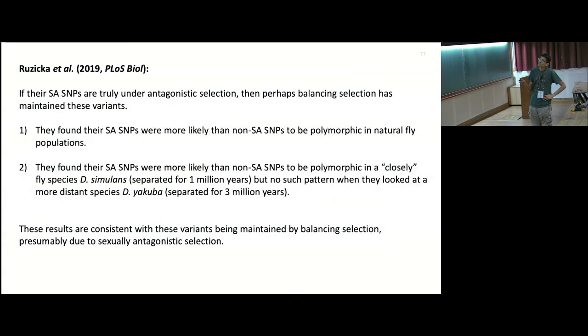So they looked at their sexually antagonistic SNPs, and essentially their idea was, hey, if these things are under balancing selection, because of sexual antagonism, then that polymorphism should be polymorphic in natural populations.